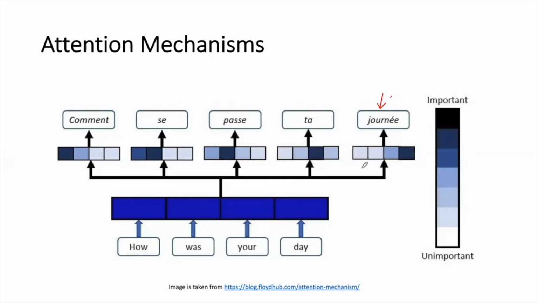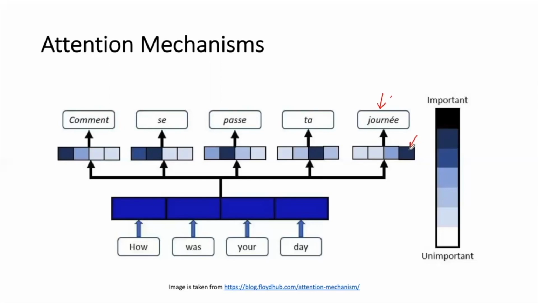The scores need to sum up to 1, so it's like a probability distribution of scores. These scores indicate the importance of the input words. To generate the word journey, which corresponds to the word day in English, we need to pay more attention to the word day. So this weight is supposed to be higher.